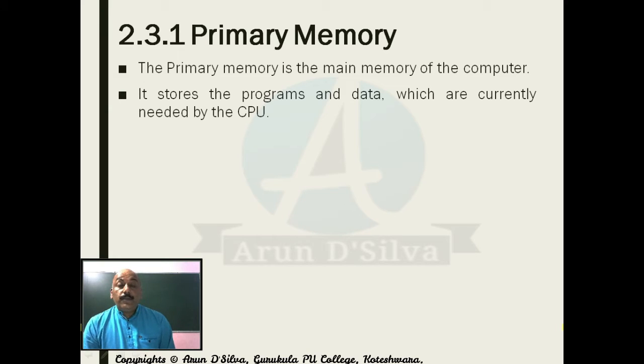It stores the program and data which are currently needed by the CPU, the central processing unit. So primary memory normally holds the data or instructions immediately used by the CPU.